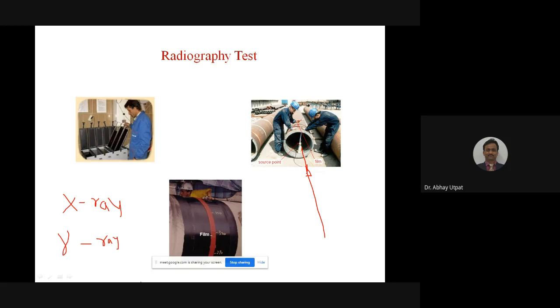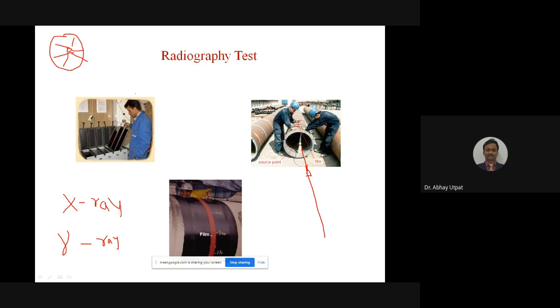That's why if you keep the component at the center in this way, gamma ray unit, and if you arrange your product surrounding to it, at a time it will expose all. But it is not like in case of X-ray. In case of X-ray, it will be directed only in one direction. The penetration power of gamma rays is more, wavelength is less. So in this way, you can create the difference between X-ray and gamma ray.